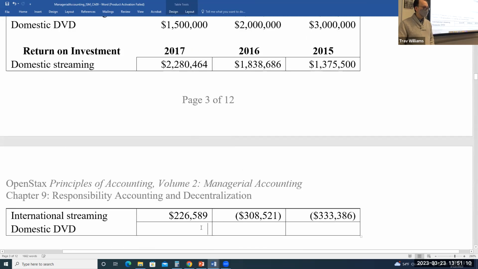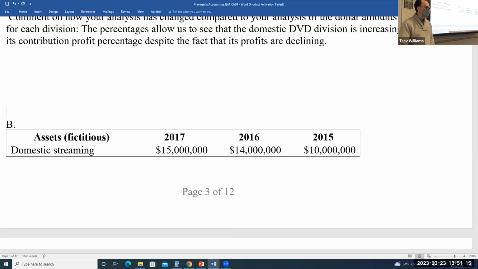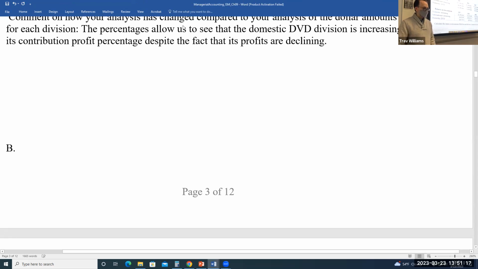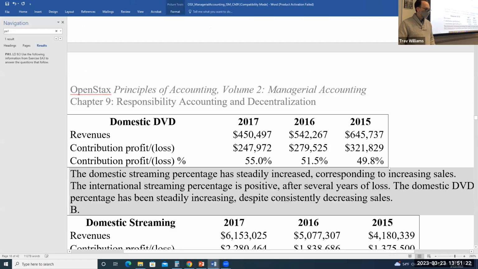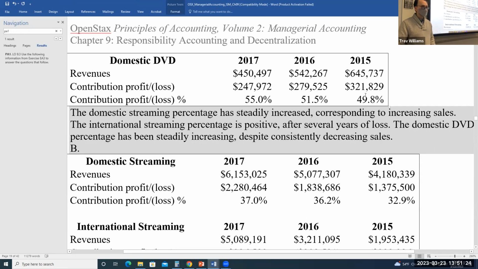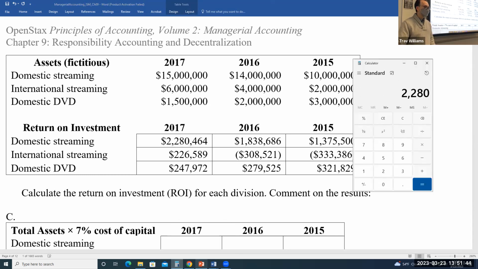So we're going to replace these numbers with the ROI after we do each calculation. And again, let's see if we're using the same rounding here. Yes. Okay. So what we're going to do is I'm going to take the return, divide it by the investment, and then whatever that percentage is, I'm going to put in the place where the return was. Okay, just to save us a little time.